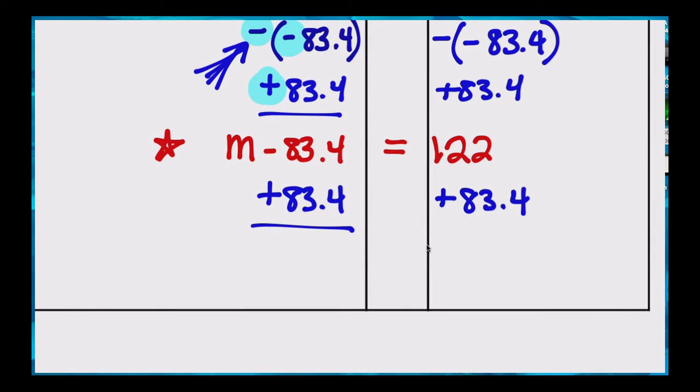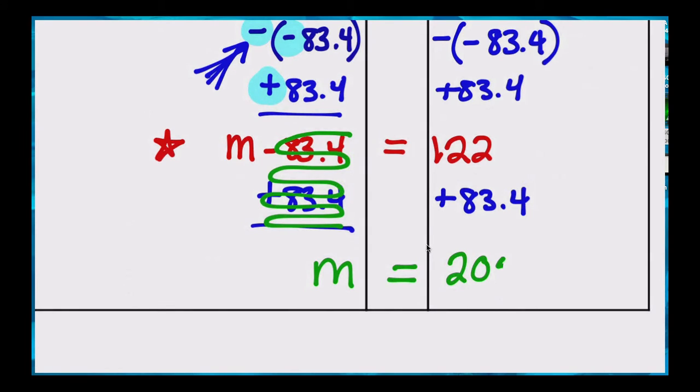When you do that, what happens to the 83.4 on the left-hand side? It goes away. And we're left with m equals what? That is correct.